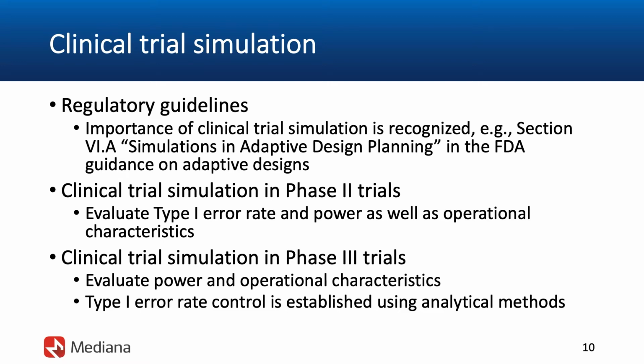And when we look at the general goals for clinical trial simulation for confirmatory phase 3 trials, those simulation exercises typically focus only on estimating the probability of success or power, as well as other operational characteristics that I've mentioned. For example, the likelihood of modifying the trial design. Explicitly, the alpha control is not established because the requirement for confirmatory phase 3 clinical trials is that the type 1 error rate control must be established using analytical methods.